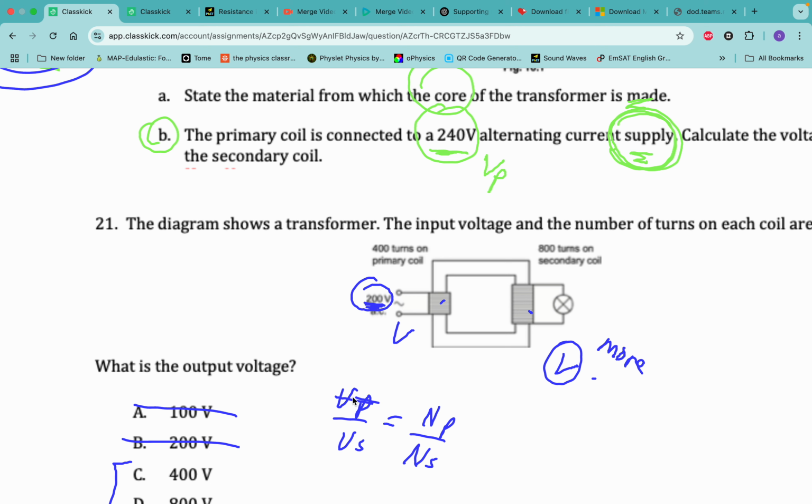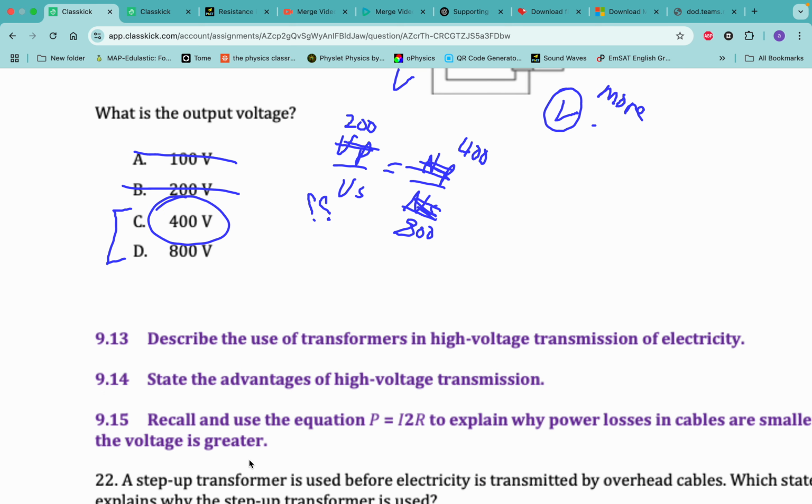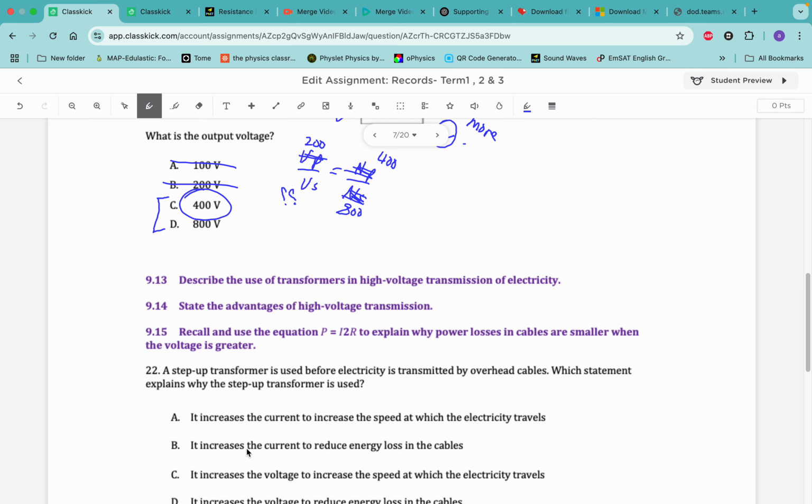Vp is 200, Np 400, Ns 800. So you need to get Vs, by cross multiplication or shift solve, you get 400. So we already predicted either C or D, so it's C.